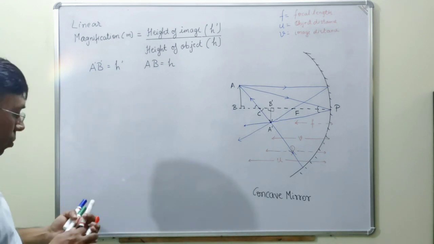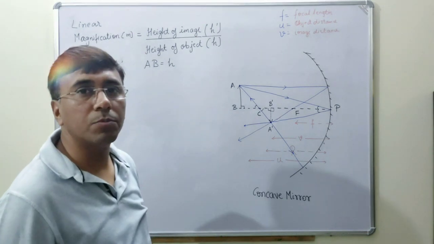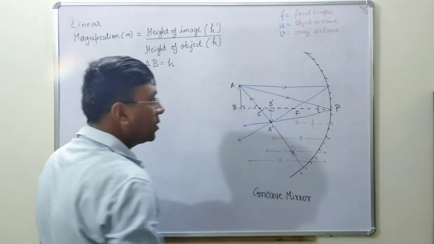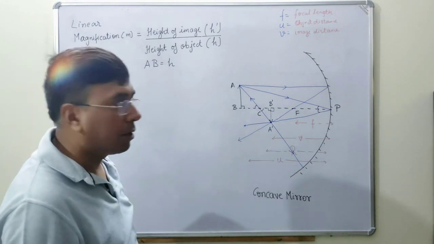Okay, now let's find the value of the magnification in terms of v and u. I'm using the same ray diagram which we have used for the derivation of the mirror formula.